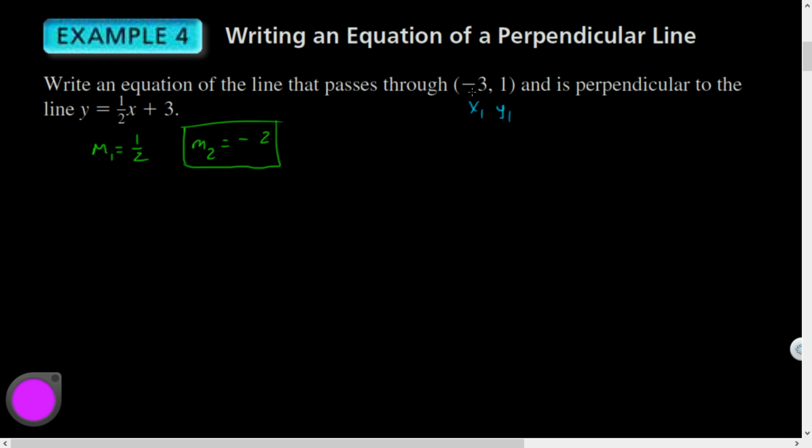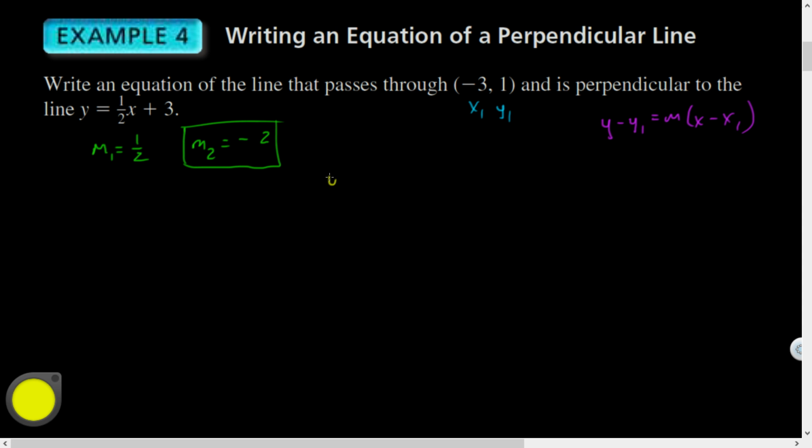Since I have a slope and a point, I highly recommend that I use the point-slope form, y minus y1 equals m parentheses x minus x1, my friends. Look at that. Beautiful. So let's plug it in.